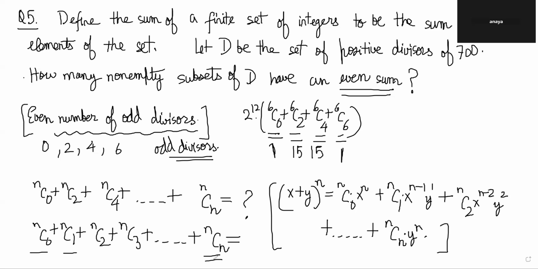Can we generate this series by looking at this binomial theorem expansion? You can see the NC0, NC1, NC2 to NCN. So it's just x to the n plus x to the n minus, no, wait.